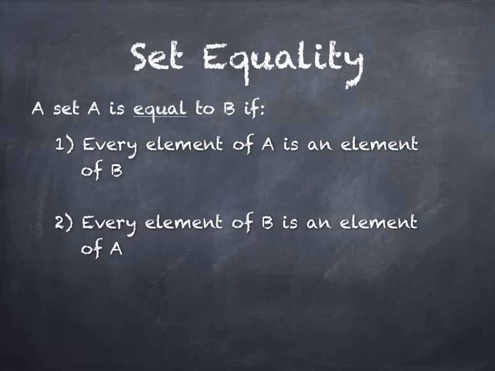But what that means is that we could describe a set in 2 different ways, maybe, and identify whether or not the descriptions match. Or we could change the order of the numbers around in a set, and it would be the same set. The order doesn't matter because the elements are still the same elements. All of those kinds of things feed into our idea of what it means for the sets to be equal. Okay?